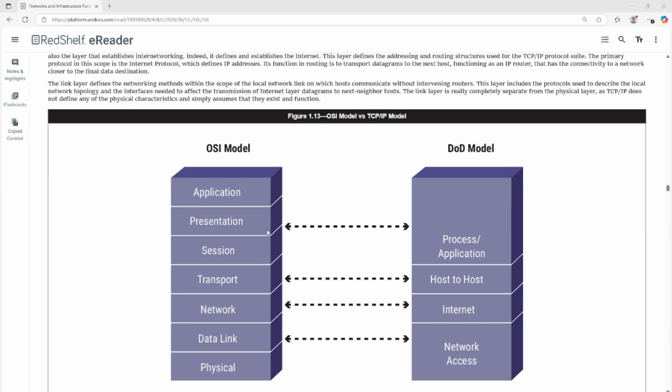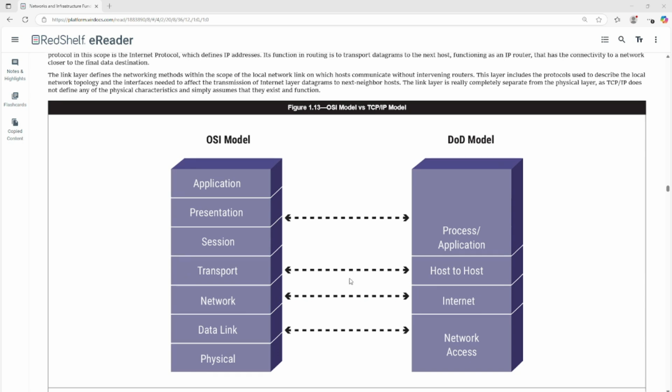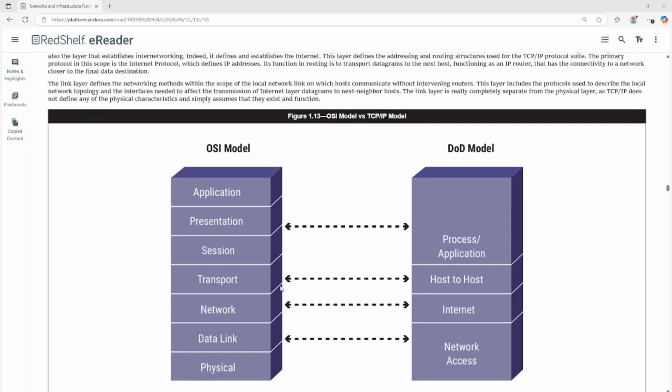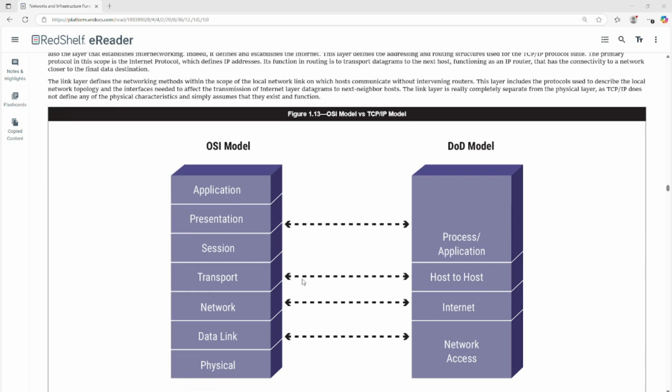However, they both have some similarities. For instance, they both describe how information is transmitted between two devices across the network, and they both use the concept of encapsulation, in which data is packaged into a series of headers and transmitted.